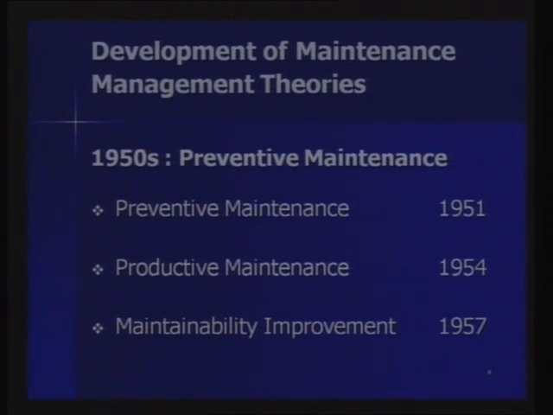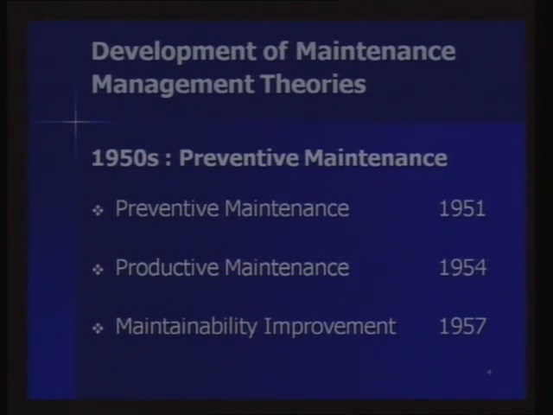In the 1950s, we gave more importance to preventive maintenance, because we know the English saying that prevention is better than cure. All immunization for the human body is done to prevent the occurrence of any disease, and the same theory was applied in the post Second World War period to equipment and components in manufacturing organizations.